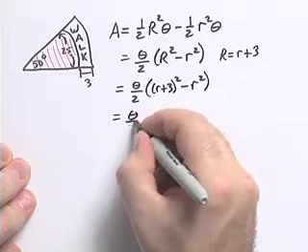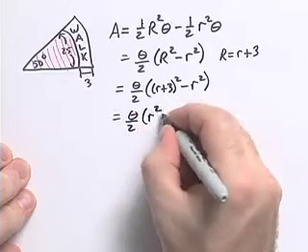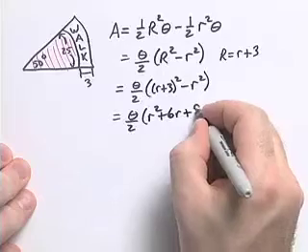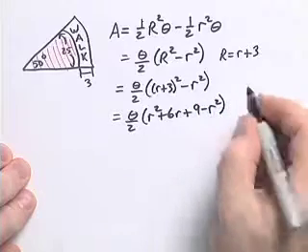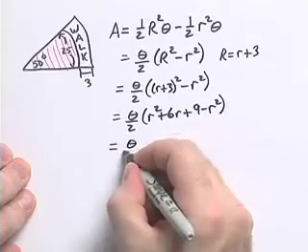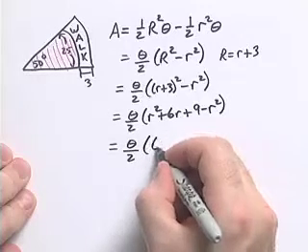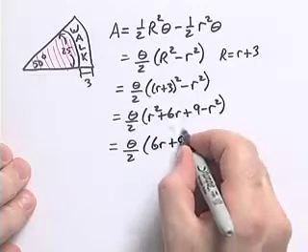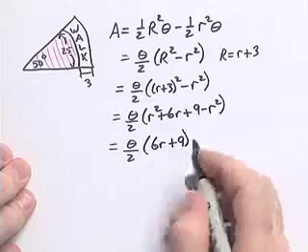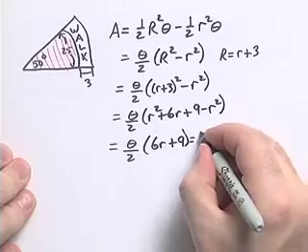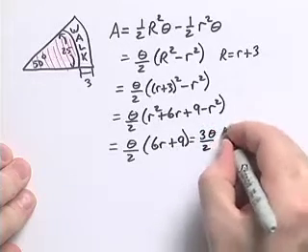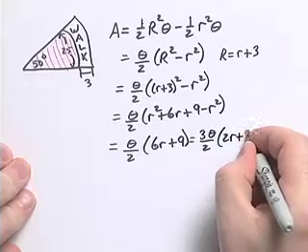This will be theta over 2 times r squared plus 6r plus 9 minus r squared. And that cleans up to theta over 2 times 6r plus 9. And we can actually pull out a factor of 3. So we'll get 3 theta over 2 times 2r plus 3.